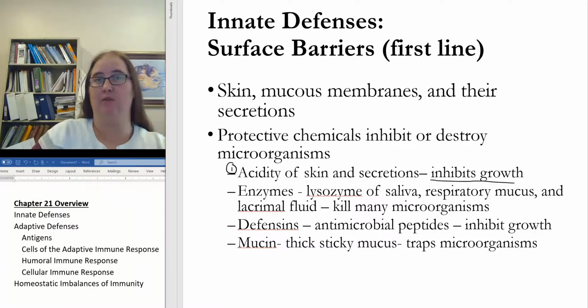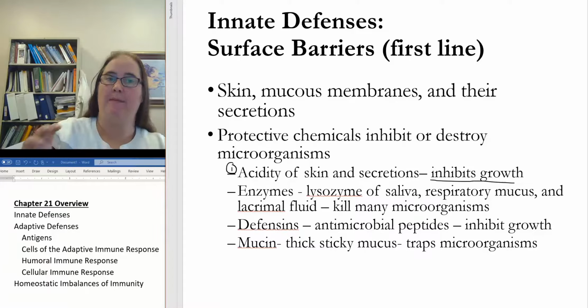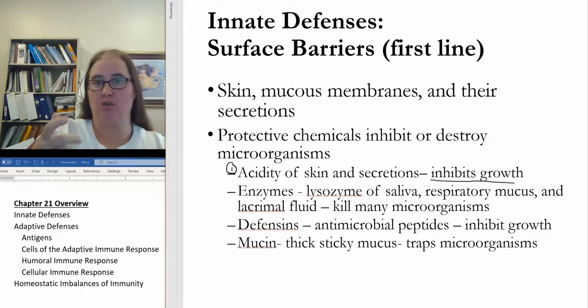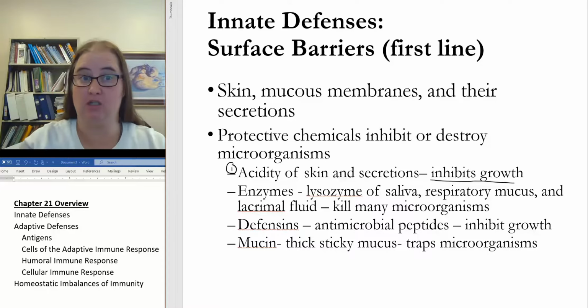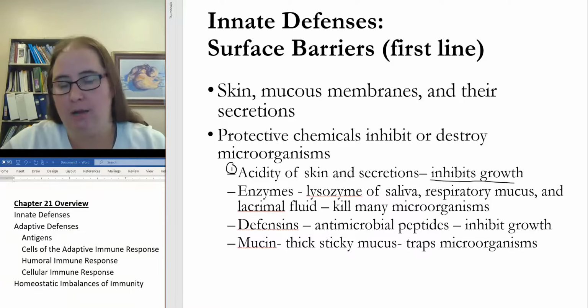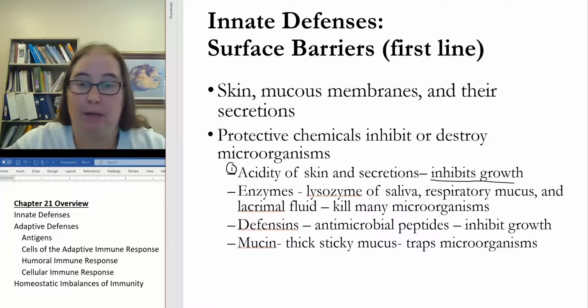For example, think about yeast infections, which some women are susceptible to. Athlete's foot is a fungal infection. Typically, because those become dry or super sweaty regions, it can slightly change the secretions in that region and cause the acidity to change, and then you allow microbes and pathogens to proliferate.